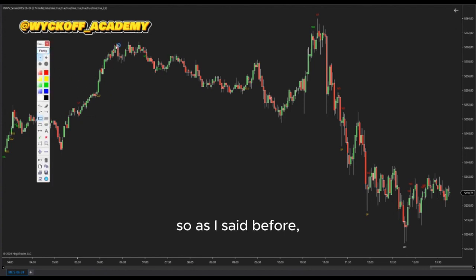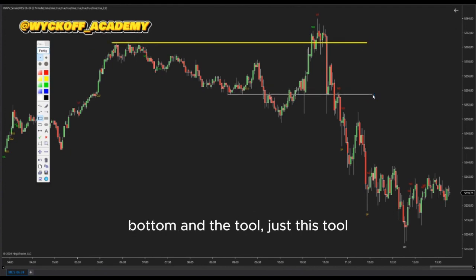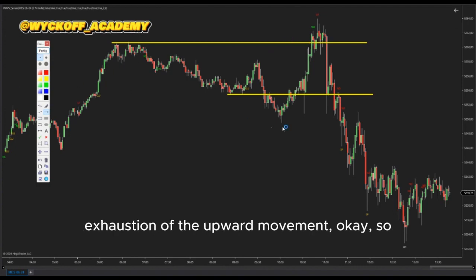As I said before, we had this top, we had this bottom, and this tool here had already given us a possible exhaustion of the upward movement.